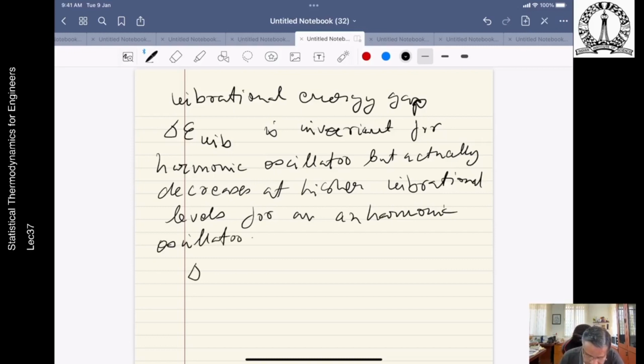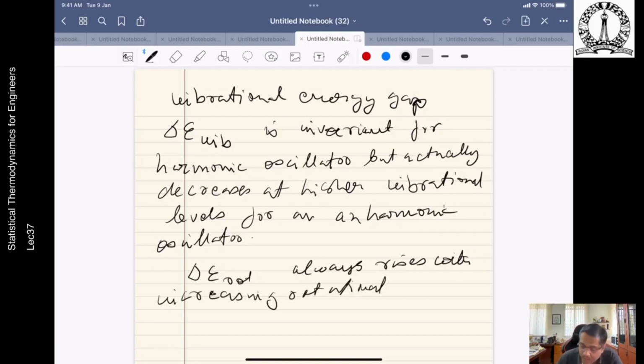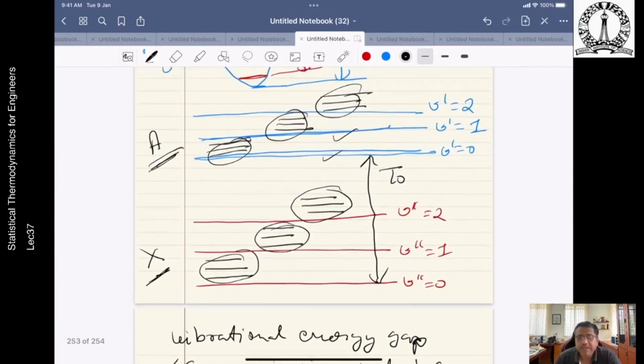In contrast, the delta E rot, which is basically the rotational energy gap, always rises with increasing rotational quantum numbers.